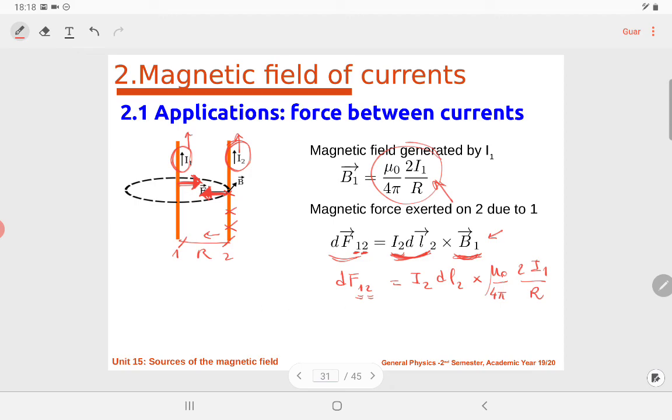Of course, because this was for an infinite wire, the forces are infinite.